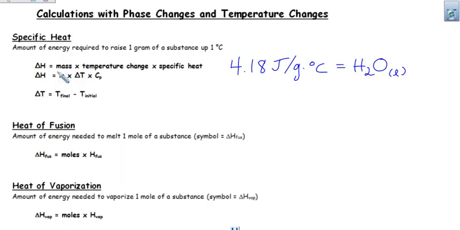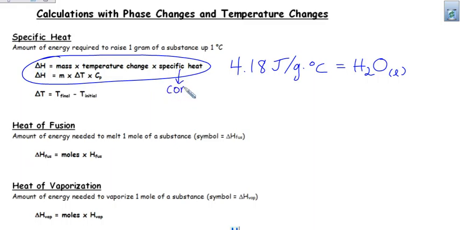And what if you want to increase the temperature by more than 1 degree? You multiply by your temperature change. So here's this cute little equation. It's just plug and chug. Delta H, your change in heat, is mass times temperature change times your specific heat, which again is a constant. This value is a constant.